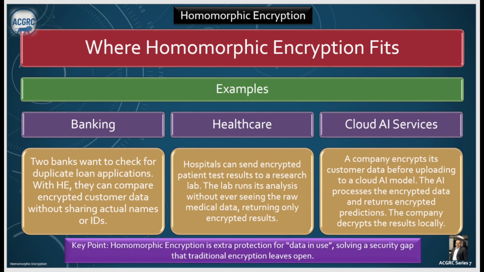Healthcare. Hospitals can send encrypted patient test results to a research lab. The lab can run its analysis without ever seeing the raw medical data, returning only the encrypted results.